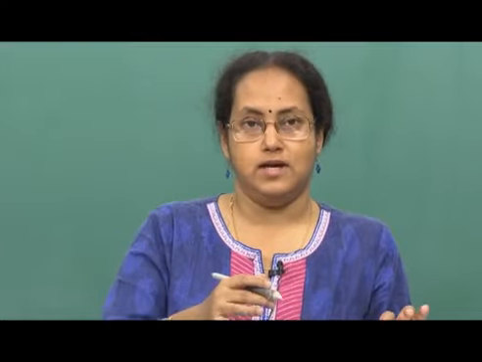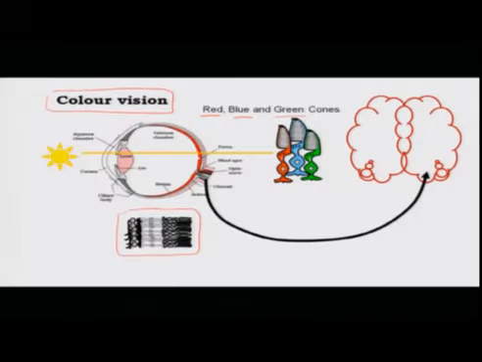Now, how does this translate into detection of color? Imagine that you are looking at something yellow in color. Light reflected from it will be yellow light, and it will fall on the cone photoreceptors in your retina. Yellow light is actually a combination of red and green light. So, yellow light is going to stimulate both the red and the green cones, and the ganglion cells connected to the red and green cones are separate, and they send processes to particular areas in the brain.